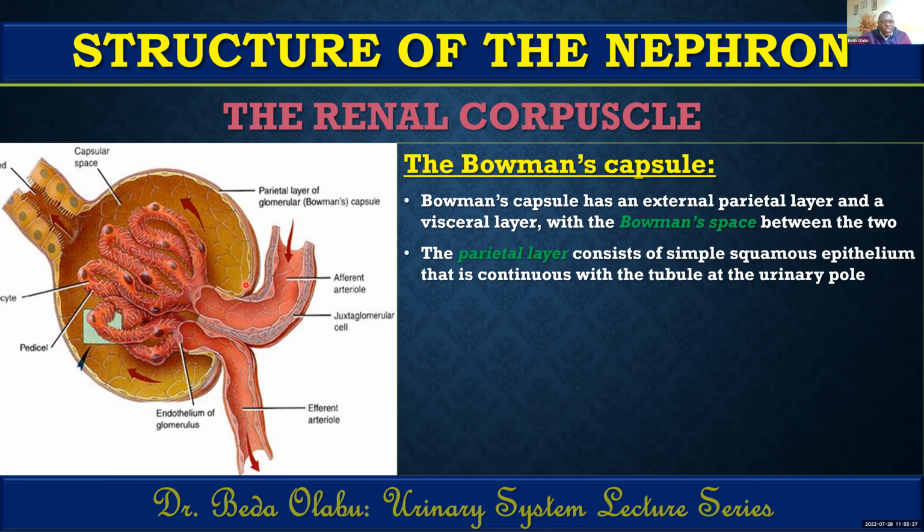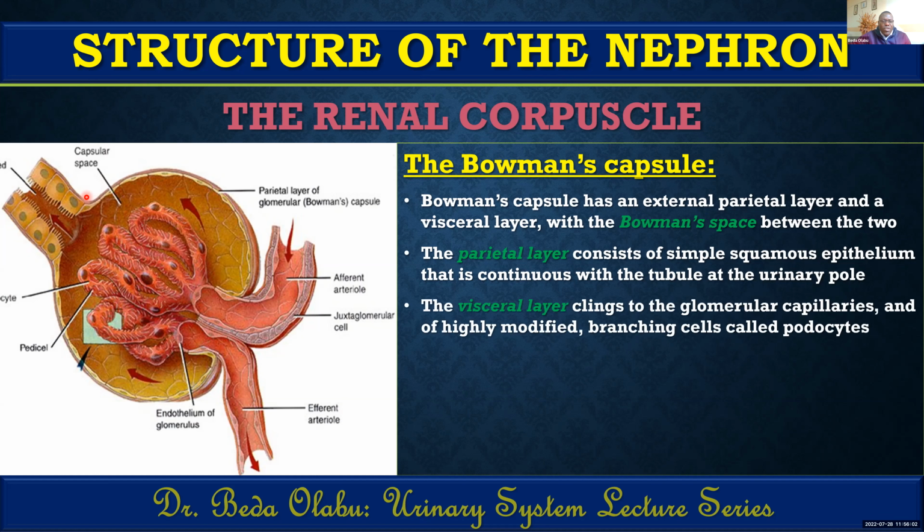Histologically, the parietal layer of the Bowman's capsule consists of a simple squamous epithelial lining, as you can see there, one layer of flat cells. This simple squamous epithelium is continuous with the proximal convoluted tubule at the urinary pole, and that is where we have the squamocolumnar junction.